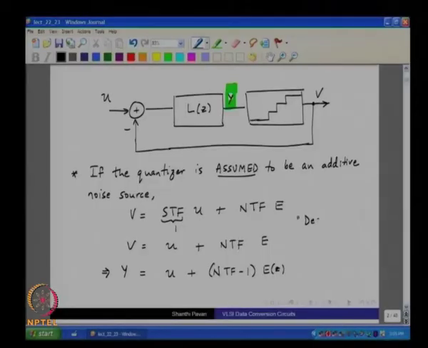This kind of analysis, which has its origins in the early 50s, is what is called describing function analysis, where the basic idea is to replace a nonlinear system with an equivalent linear system.